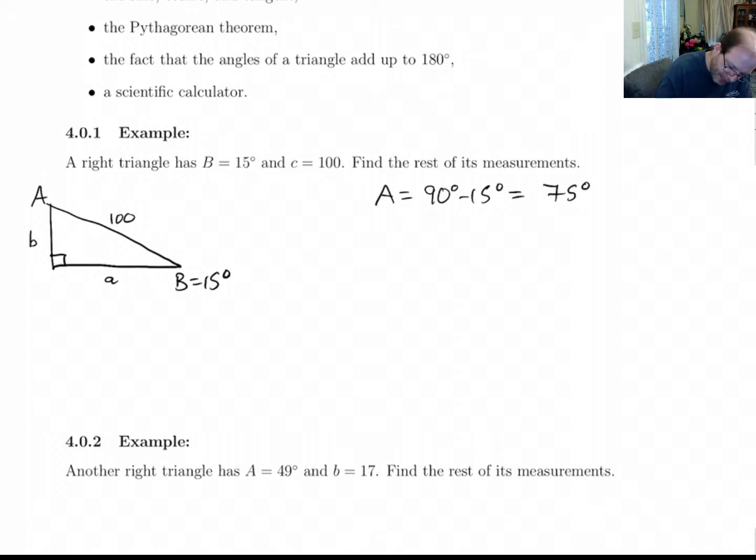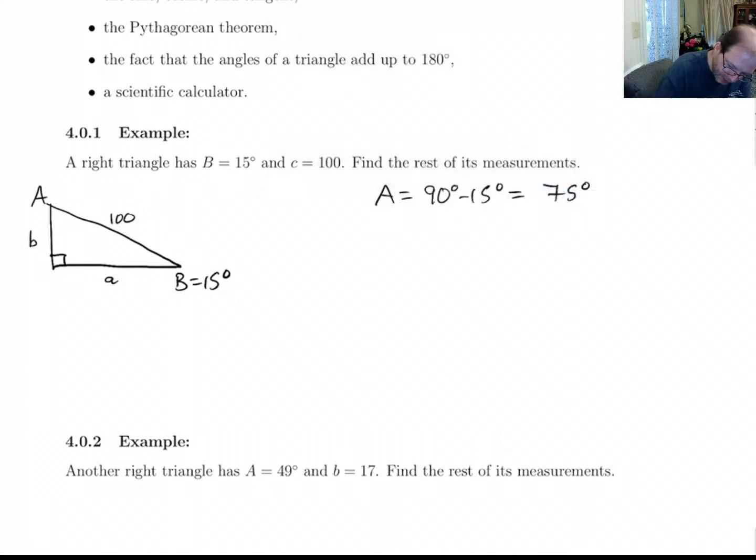So for side A, it doesn't matter which one we do first, but let's think about what we could do here. From B, we could look at side A and side C and use the cosine.